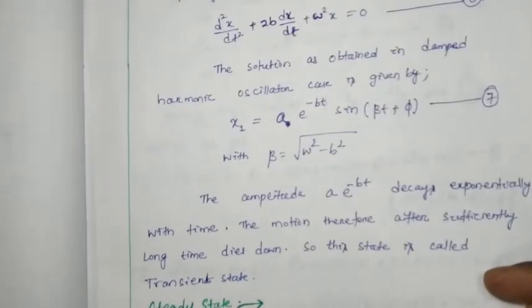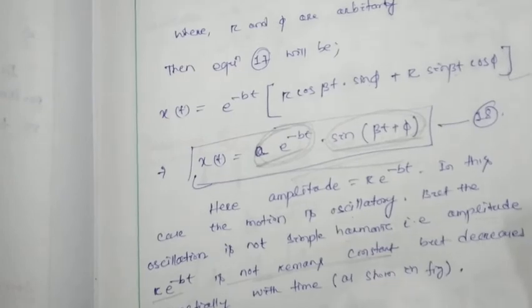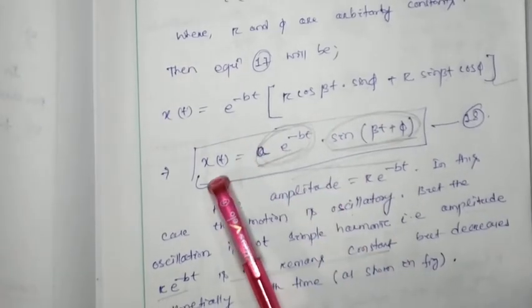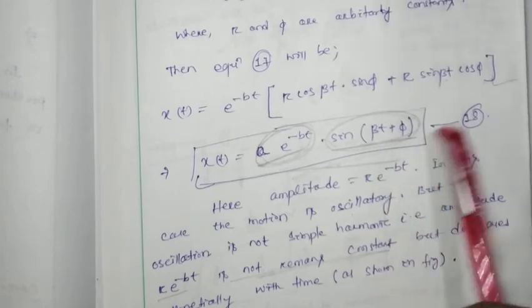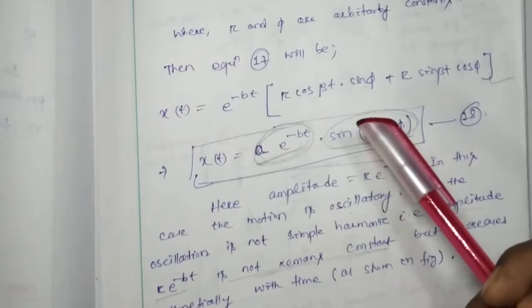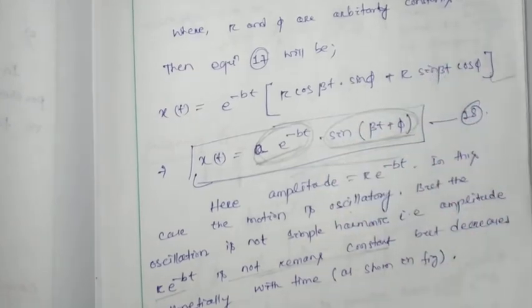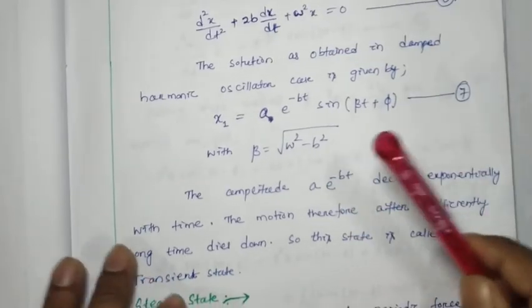I can show you, you have already found that answer. See, this is x(t) equal to a e to the minus bt sin (beta t plus phi), in the damping case, where the natural frequency is greater than the resistive nature of the medium.